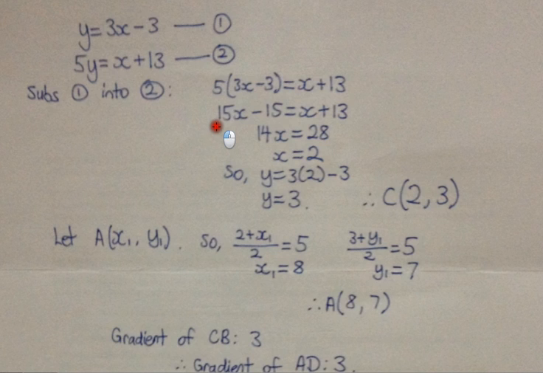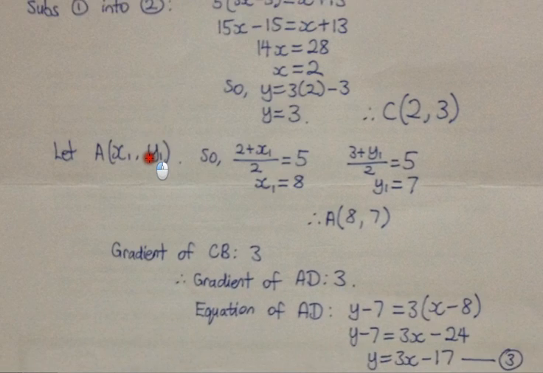Next, I would like to find the coordinates of A, B, D, and E. Making use of what I see in the diagram, I let the coordinates of A be x1 and y1. Since A and C have a midpoint of M, I can solve for the coordinates of A by using the midpoint formula.